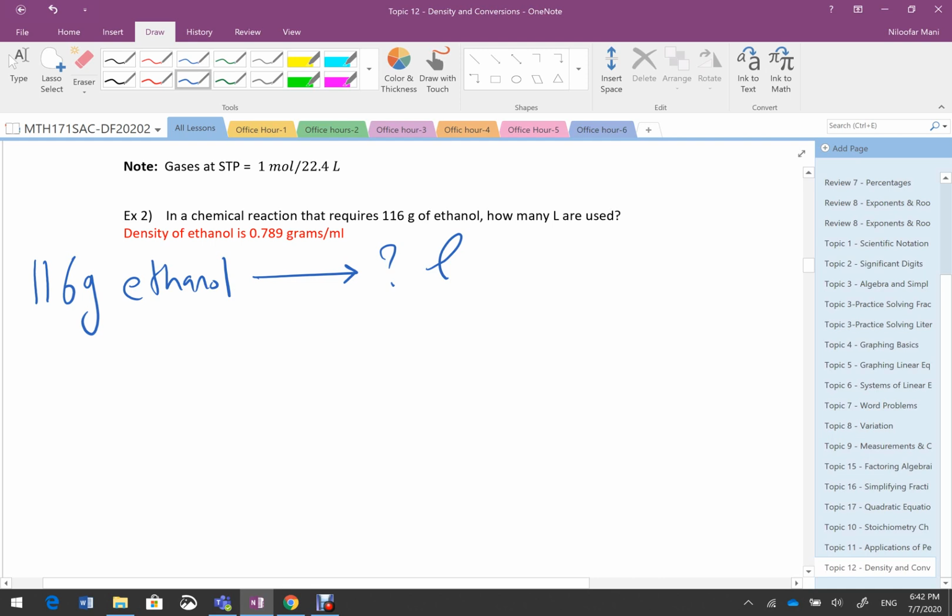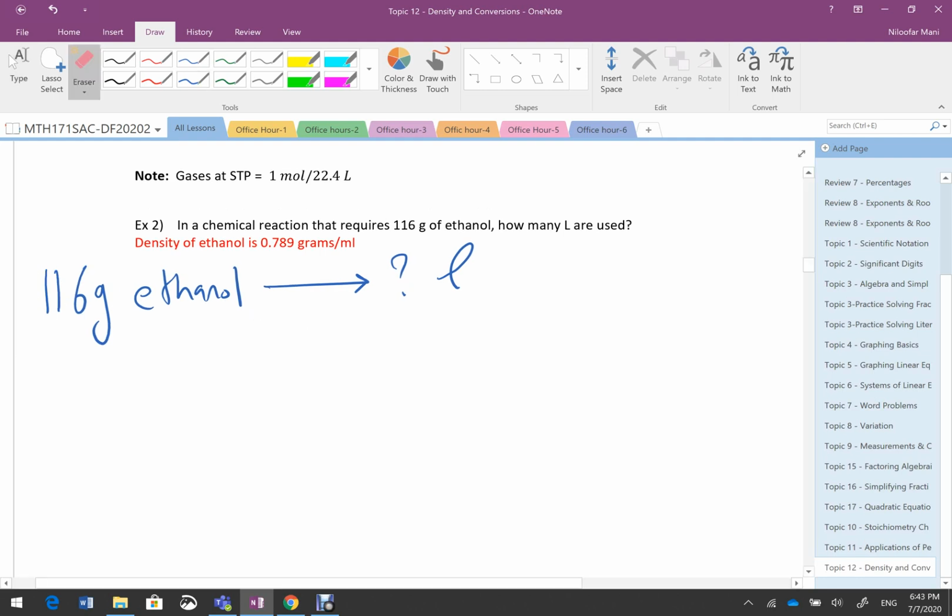How can I do that? Gram to liter. I look at the red part and I see I have something between gram and milliliter. So I can go from gram to milliliter using density, and now I can go from milliliter to liter using a conversion factor.